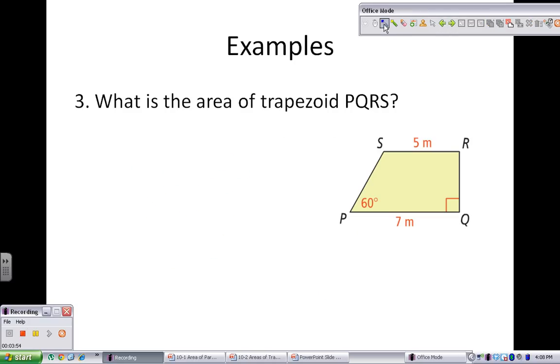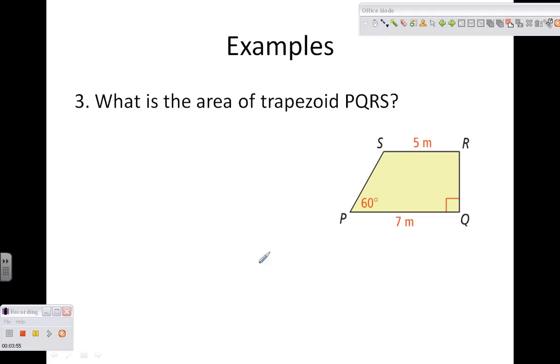Another example, this one is a little bit more complicated, but don't let that frighten you. In this case, I know the top base, my short base is 5 meters, my long base is 7 meters. So if I have my formula of 1/2 times the height times the sum of my two bases, and I plug in the information that I have, I do not have the height.